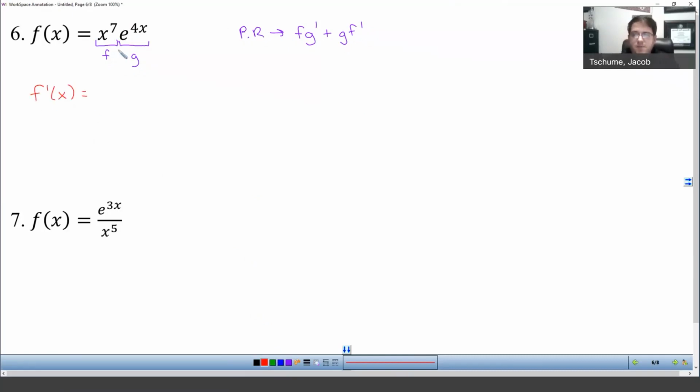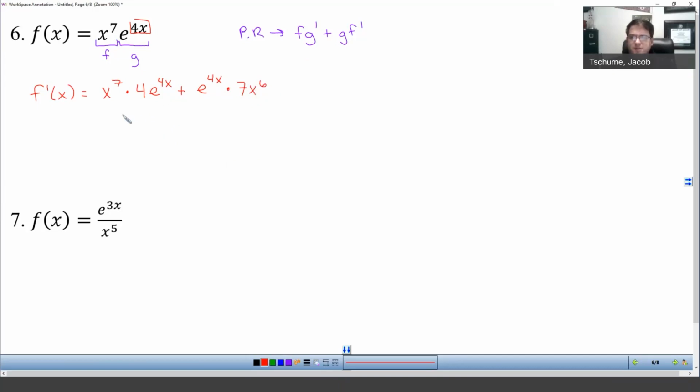F prime of x will be f, which is x to the 7th, times the derivative of g. So that's your exponential rule. Take the derivative of your power, which would be 4, and bring that to the front. And then you have e to the 4x. Plus your g function, which is e to the 4x, multiplied by the derivative of f, which would be 7x to the 6th.